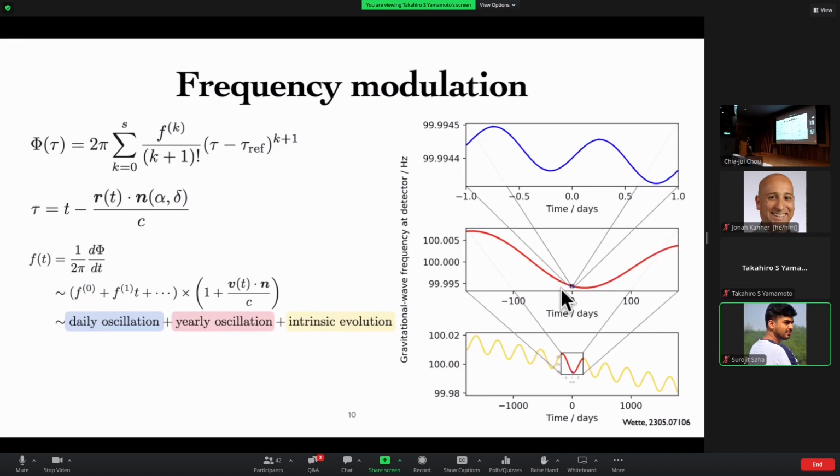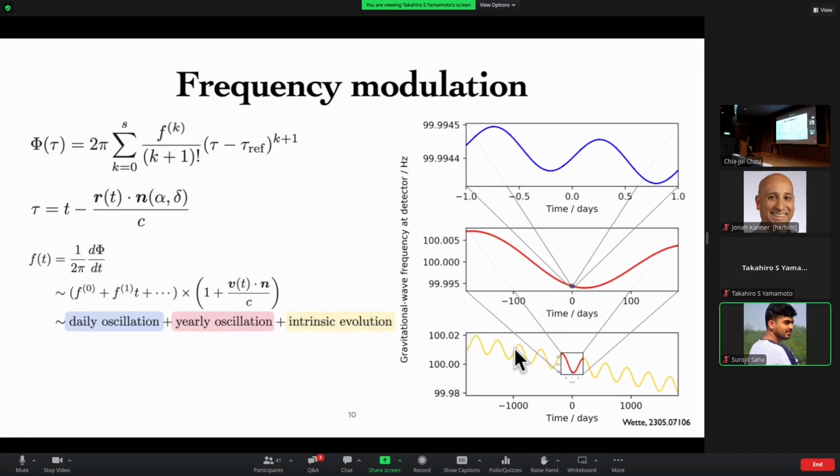Zooming out, we plot frequency over order 100 days, or order 1 year, and you see again an oscillation in frequency, which corresponds to the annual oscillation, the Earth's orbital motion around the sun. And zooming out again, in the bottom panel, we see order 1,000 days of frequency evolution.